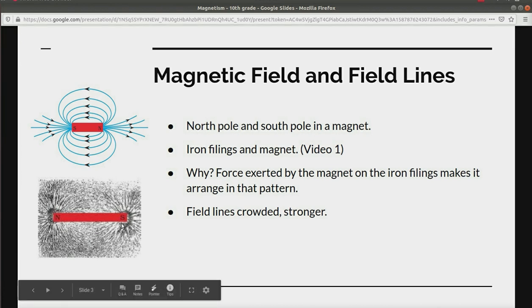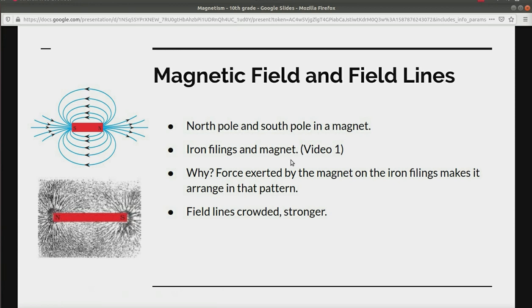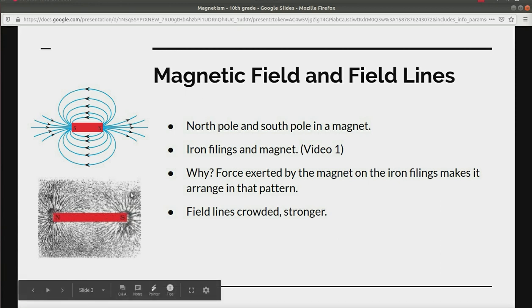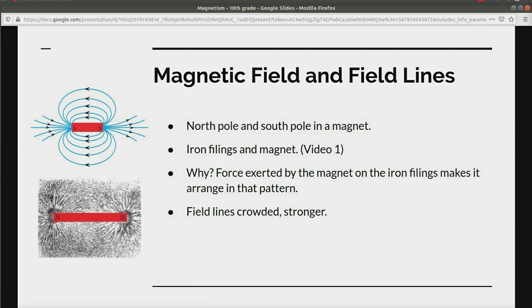And now we will keep these pictures in mind, and we will now look at a video in which iron filings are put near a magnet. So you see in this second picture, all of these dots, those are called iron filings. They're basically just iron dust. Okay, iron dust. So iron dust near a magnet. Let us see what happens when iron dust is put near a magnet.